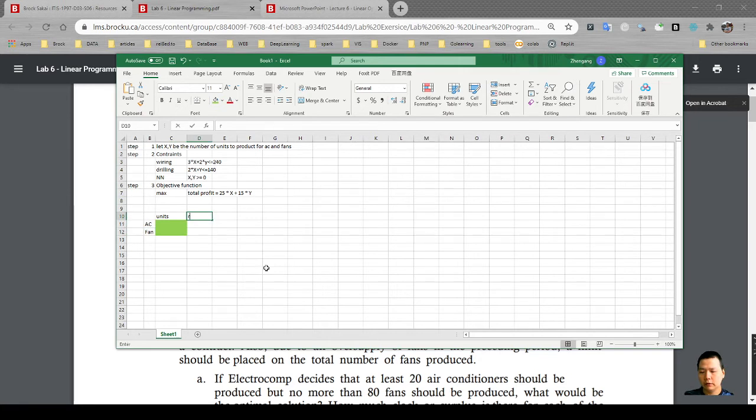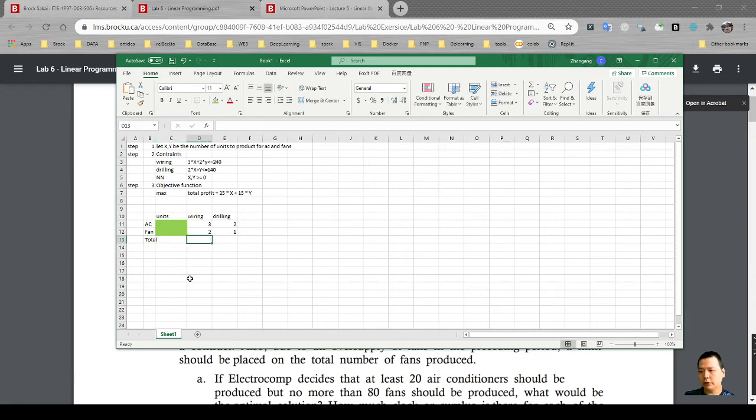And we have varying and drilling. The varying is 3 and 2, and the drilling is 2 and 1. Those are the costs. And we have the total here.